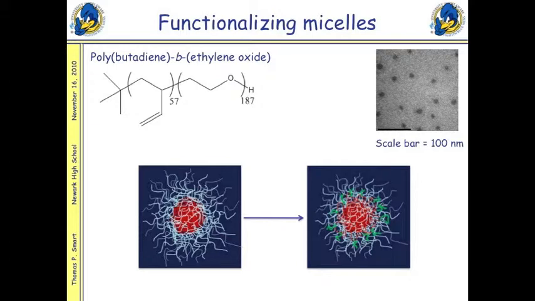And so I mentioned we will be generating the radicals, and we can do this in a controlled way, as with the polymerization: if you add a certain amount of your initiator, it will generate a certain amount of these radicals, and so only a certain fraction of these are going to attach. And so we'll be able to make a series of these with different amounts of functionalized groups attached to the outside, and see the point where we start to disrupt the system and make sure we're maintaining our micelles.